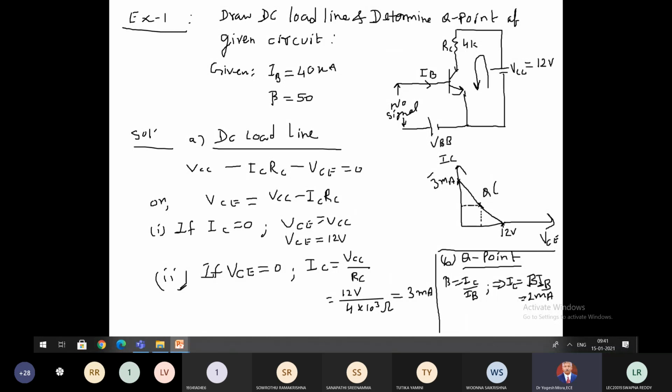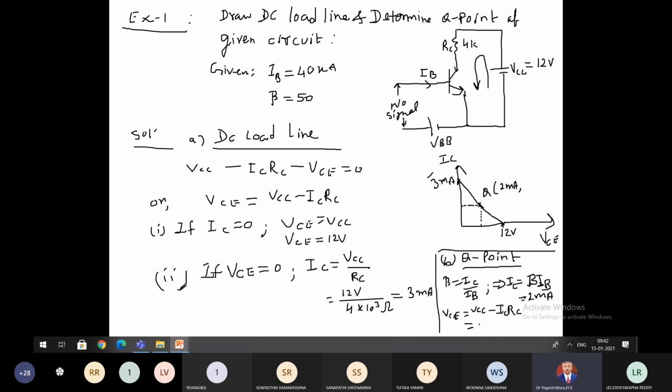So for this Q point, we got the value of IC, and this will be 2 milliampere, right? And now we find the value of VCE. So what is VCE? VCE is VCC minus IC RC.